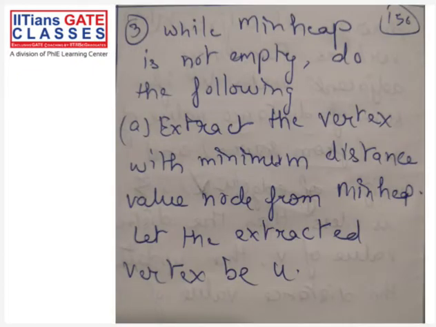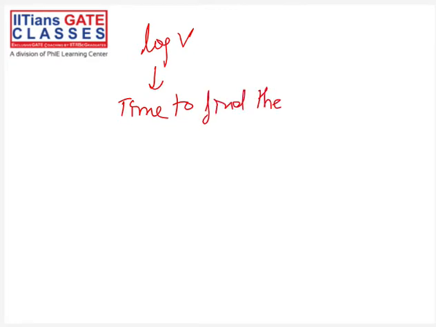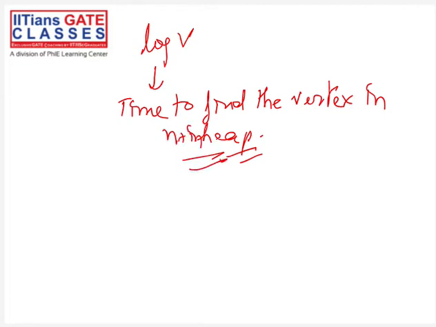There's no need for log E because there are V vertices, right? So log V time to find the vertex in the min heap, because it may happen that the vertex was already processed and it will not be there in the min heap. This might also happen, so you need time to find the vertex also.